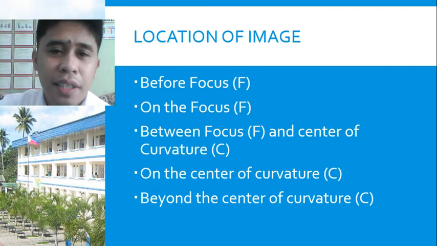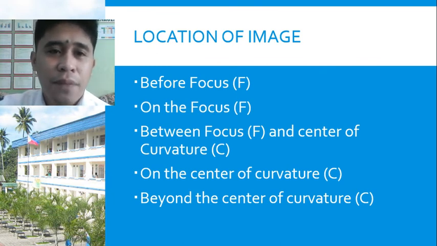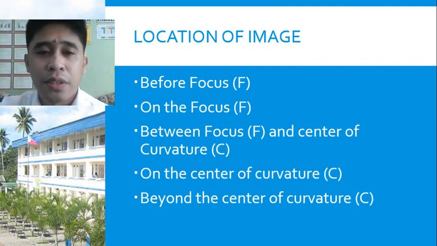We can also characterize the location of the image formed in a mirror through the following: before the focus or the F, on the focus or the F, between the focus and the center of curvature, on the center of curvature, and beyond the center of curvature or the C.